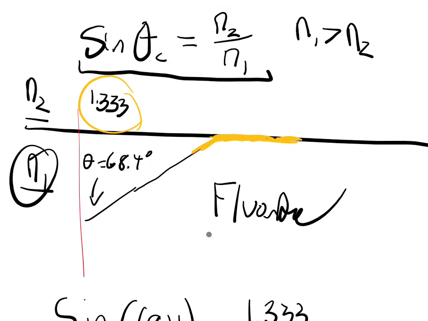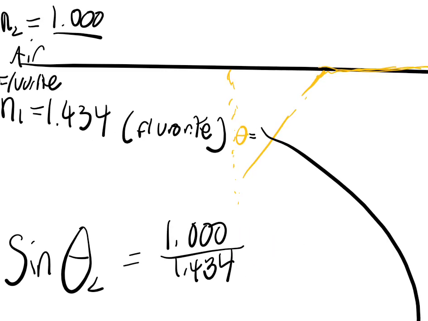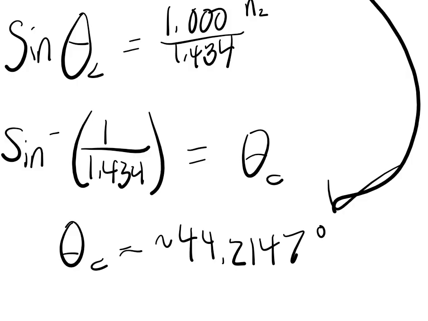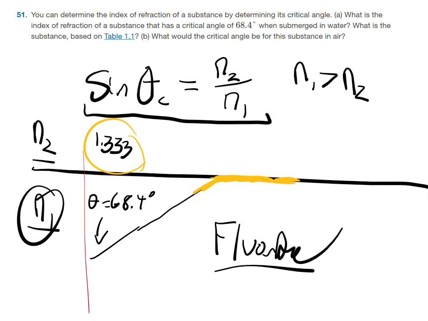So once we solve for our index for n1, we then say, all right, forget about water, let n2 be air, and just replace the top n2 right here with 1 and solve for the angle. And it's a relatively simple problem. It is, again, just about consulting the table and knowing what to do when faced with specific keywords. Definitely refer to this formula when you have anything to do with critical angles.